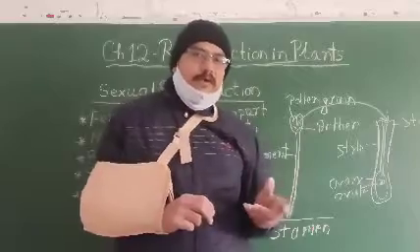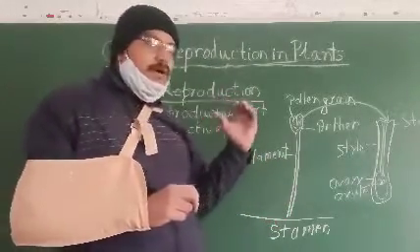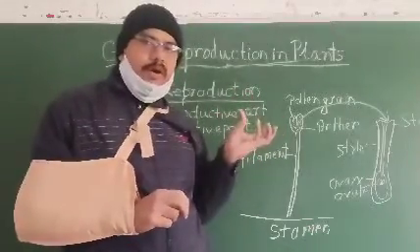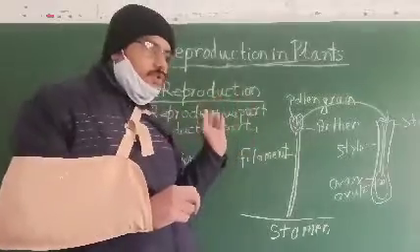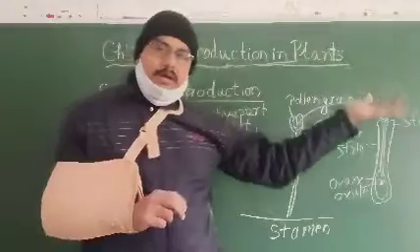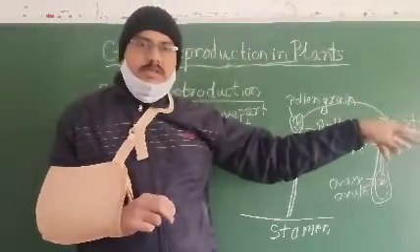So if a flower contains only a male reproductive organ, that flower transfers the pollen grain to another flower that contains only female reproductive organs.